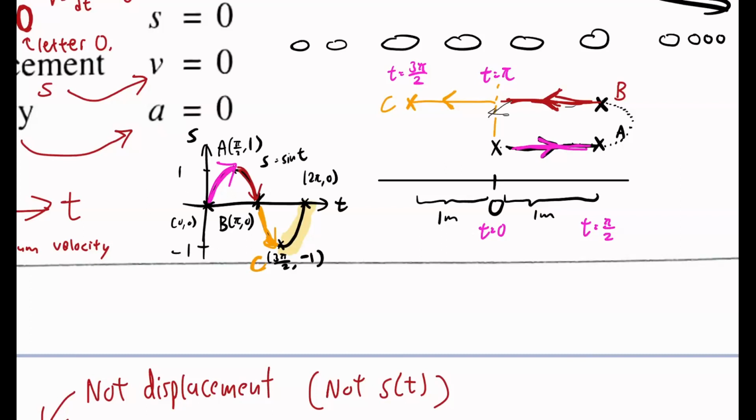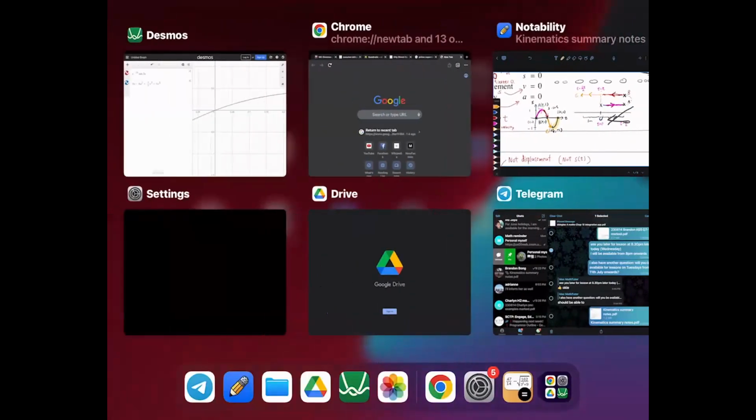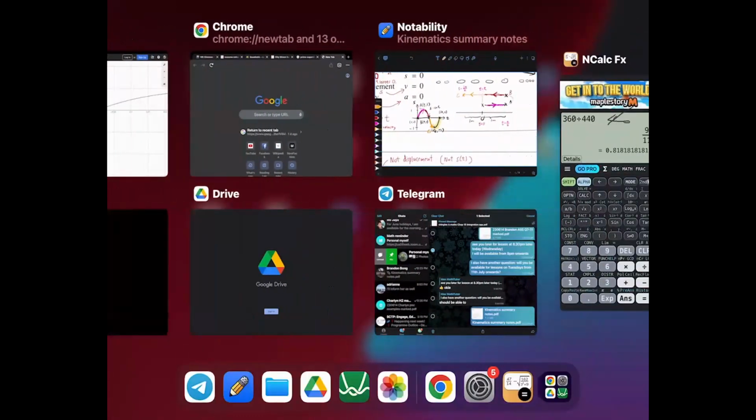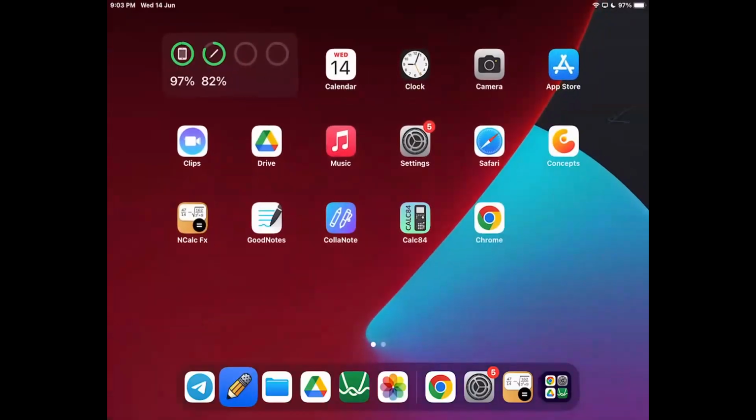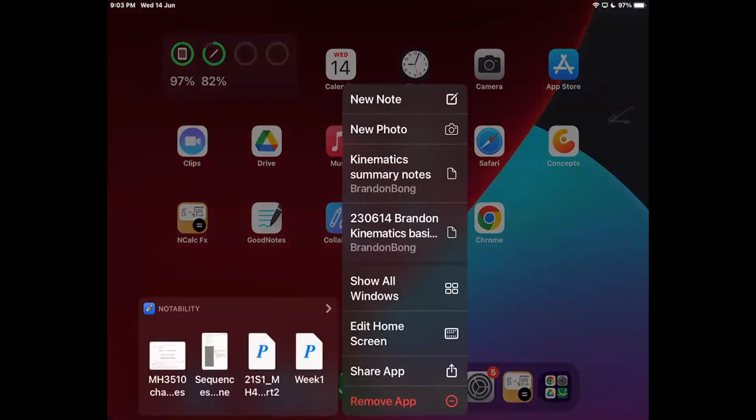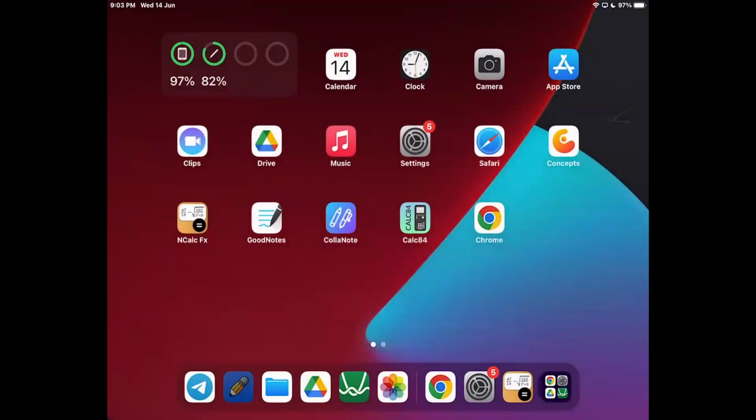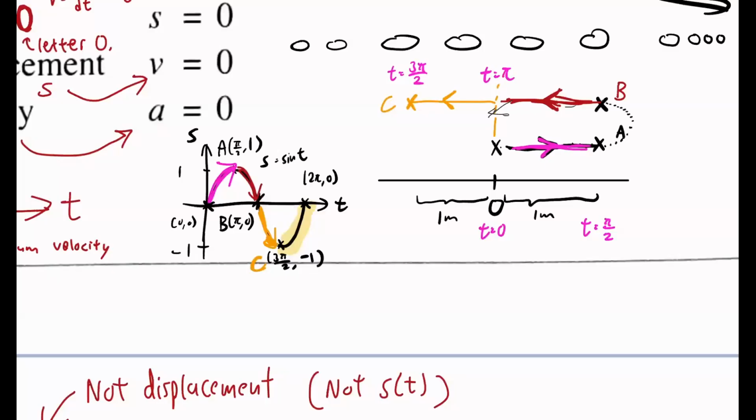Sorry, give me a second. Let me reset the app first. I think I need to reset it to make it go faster. Please go away. Why can I not? Sorry, I need to stop the share screen first. What is going on?